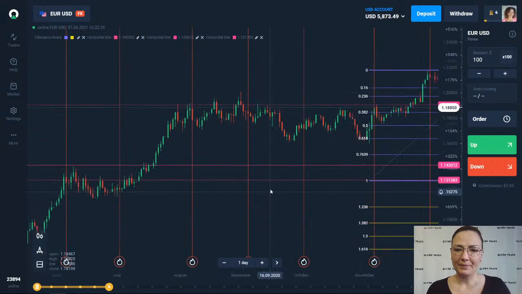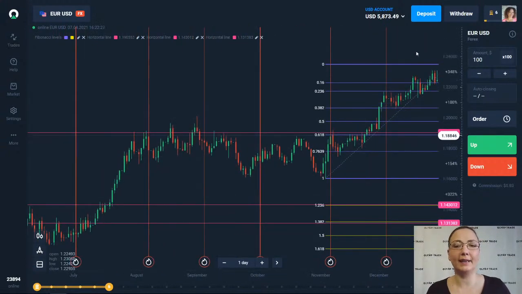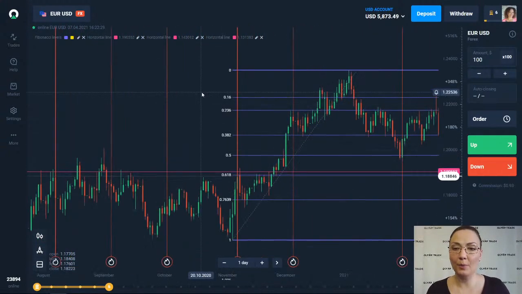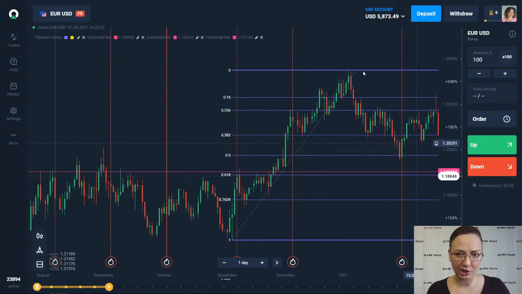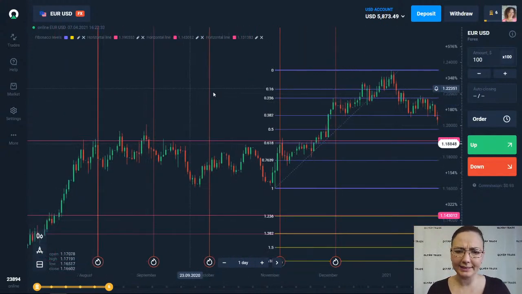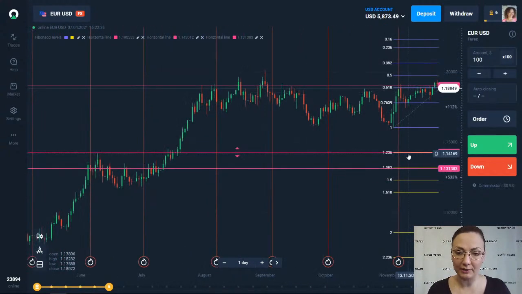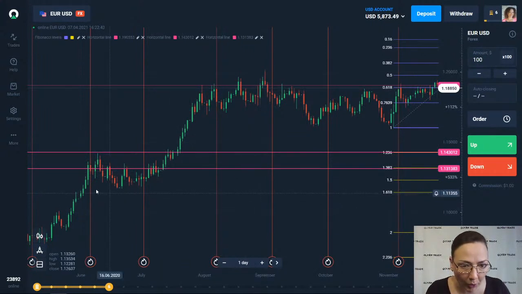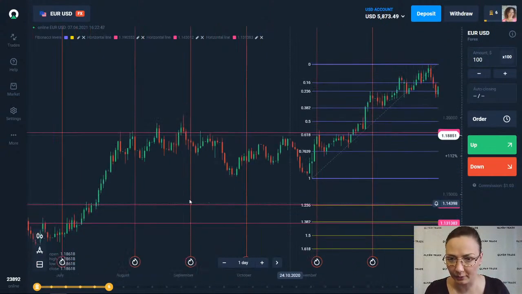Look, if we didn't see anything further from this map, we didn't see this direction down, we can still rely on these future levels, like this 23.6. As you can see, it was used as a level here, here, and here. Once again, the 61.8 in this area was also used as our level.